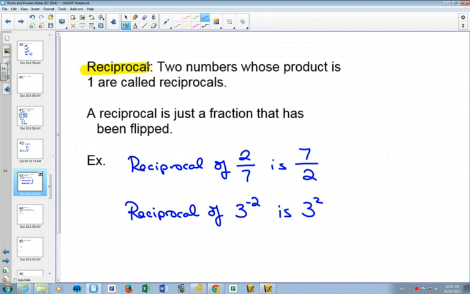Weird. Because 3 to the negative 2 is 1 over 9, and the reciprocal would be 9 over 1.